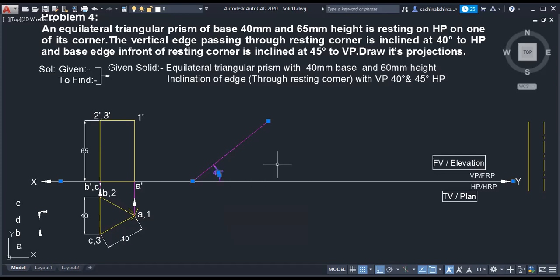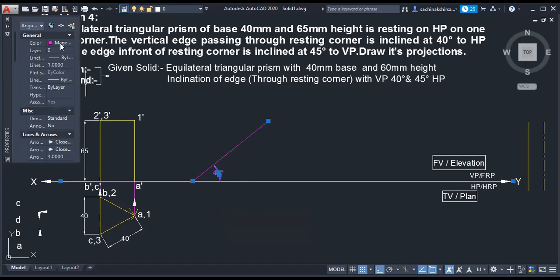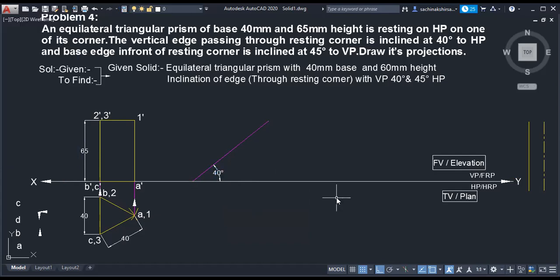That edge should come on this line. So first we will retain the corner A dash on the line. Now we will mark the point A dash 1 dash, then B dash, C dash likewise.